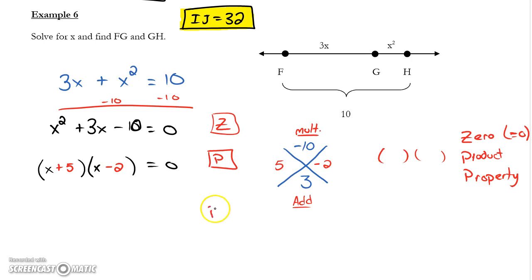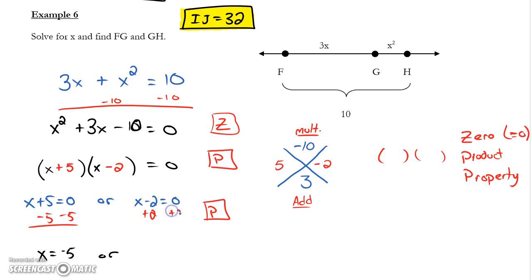Now that I've done those, I can apply the final property, which says that this first binomial, x plus 5, must equal 0, or the second binomial, x minus 2, must equal 0. Go through the process of solving, and we get x equals negative 5, or add 2 to both sides, x equals 2. If that went too fast for you, you can go ahead and rewind and watch it again.